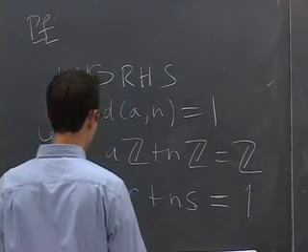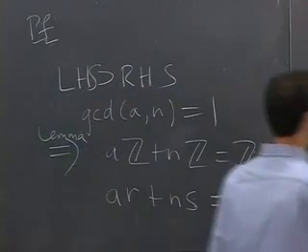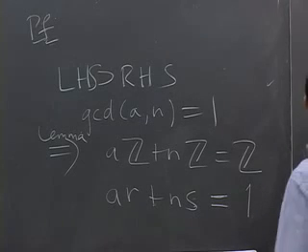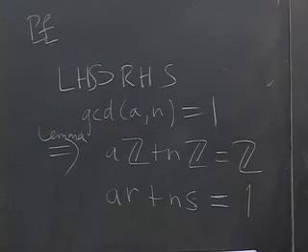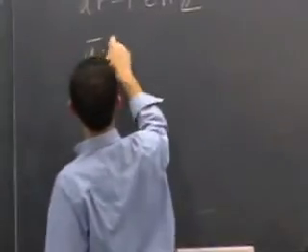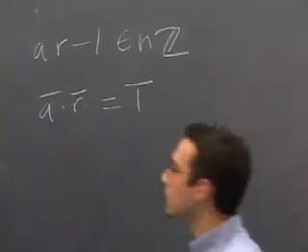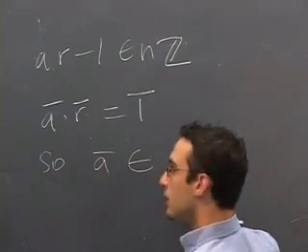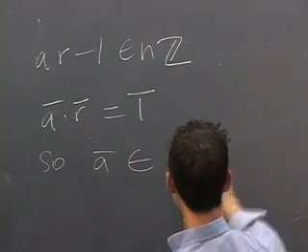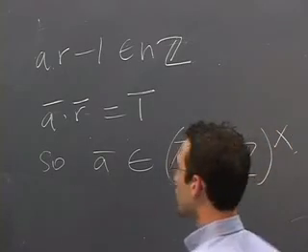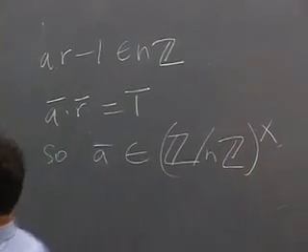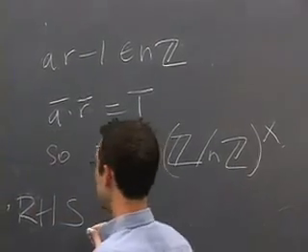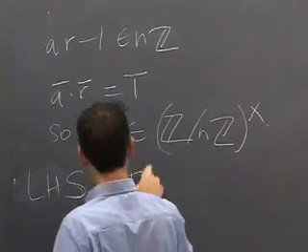So why is this significant? Well, this tells us that ar minus 1 is in nZ, or put another way, a-bar times r-bar is 1-bar. So a-bar is certainly in (Z/nZ)*. Now, the converse is very, very similar. So the left-hand side is contained in the right-hand side.